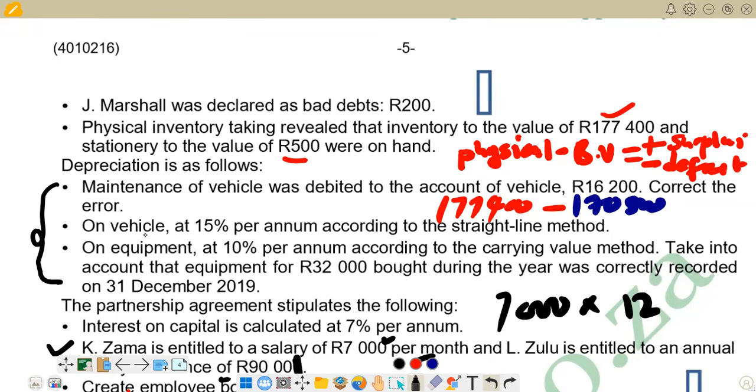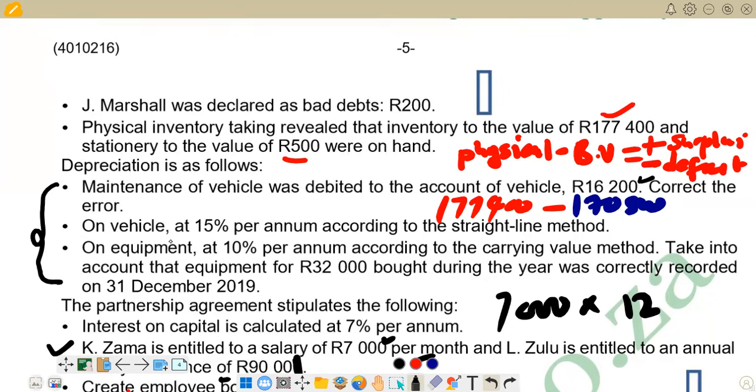We are told that the first point is saying maintenance of vehicle was debited to the account of vehicle, 16,200. So what does it mean? This was supposed to be maintenance, but it was debited to the vehicle's account. So it was supposed to remove this figure 16,200 from the vehicle's account and put it as maintenance.